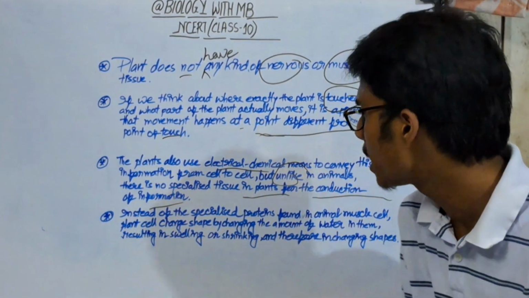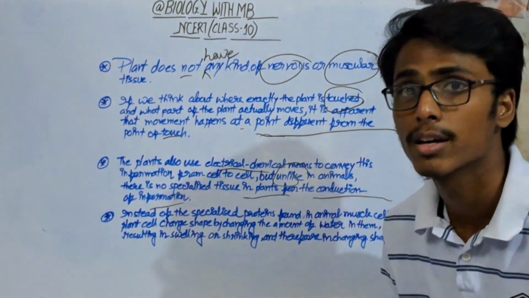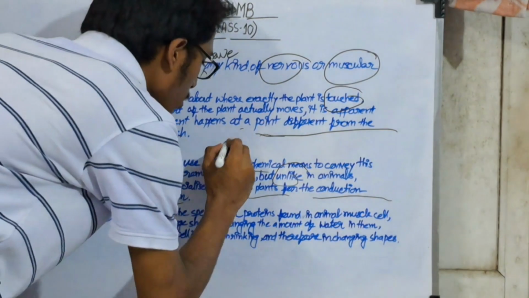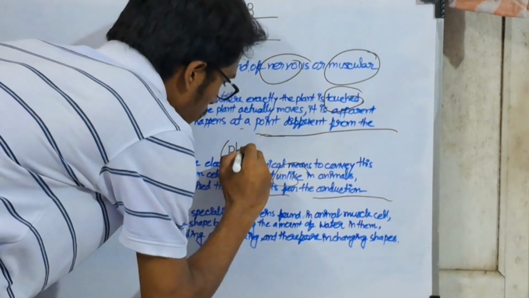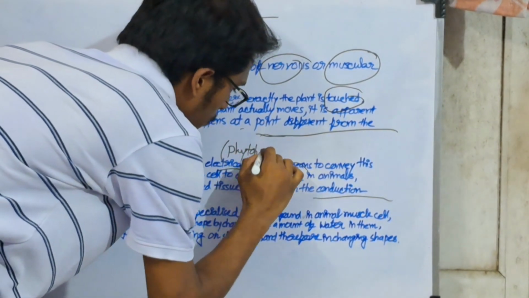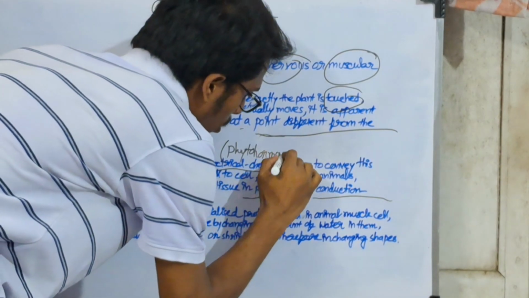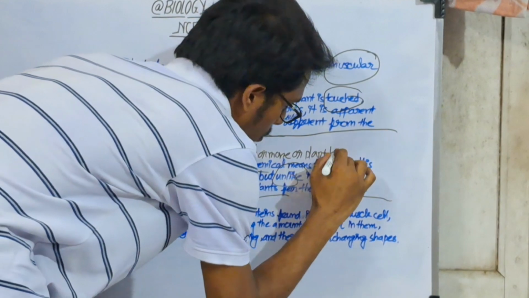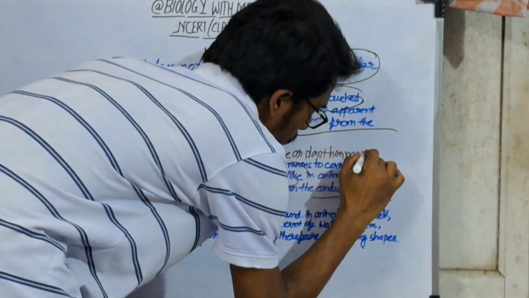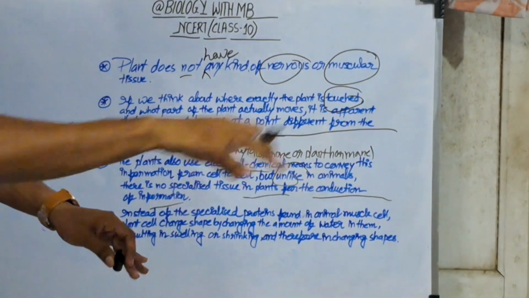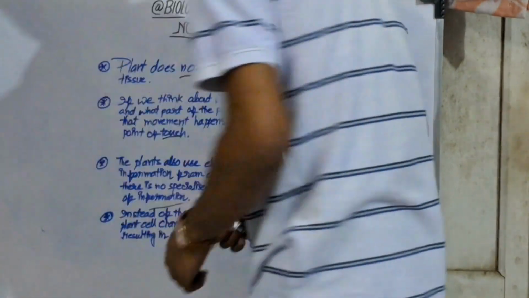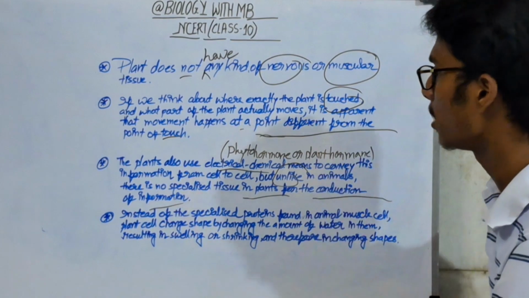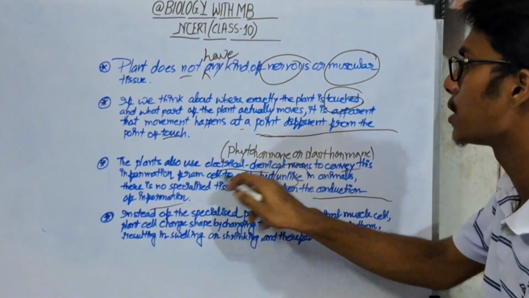Some electrical or chemical means, like phytohormones or plant hormones. When any external stimulus or electrical disturbance is given to the plant, it conveys the information from cell to cell.